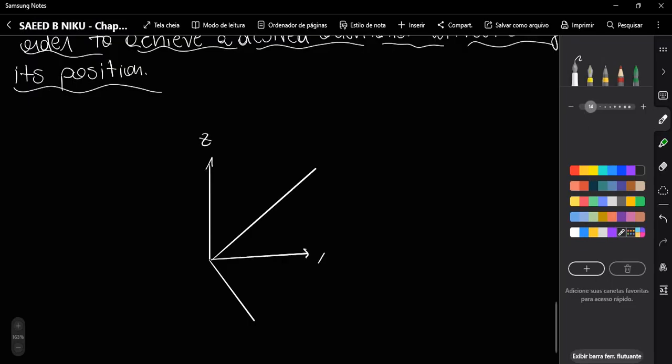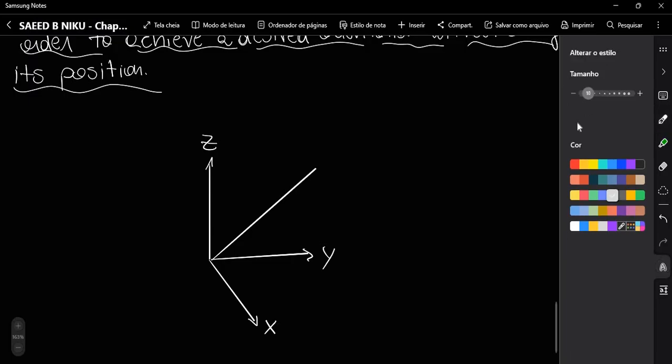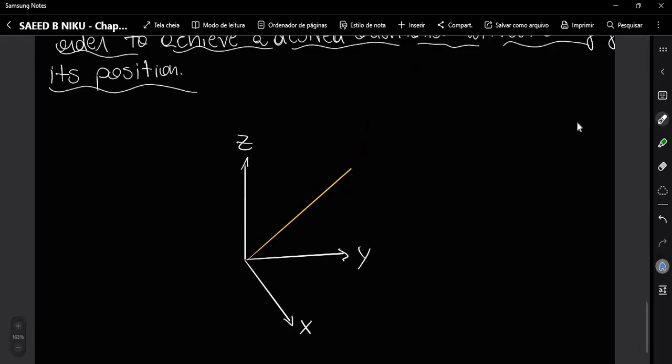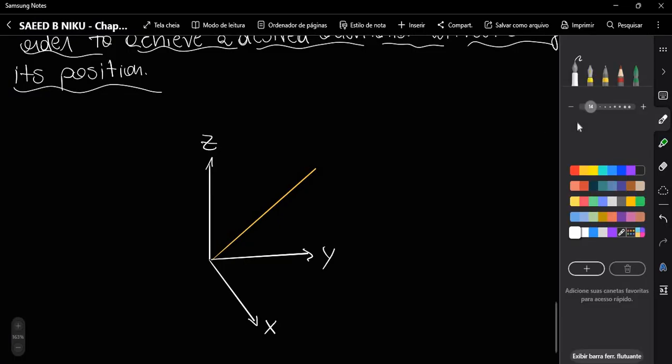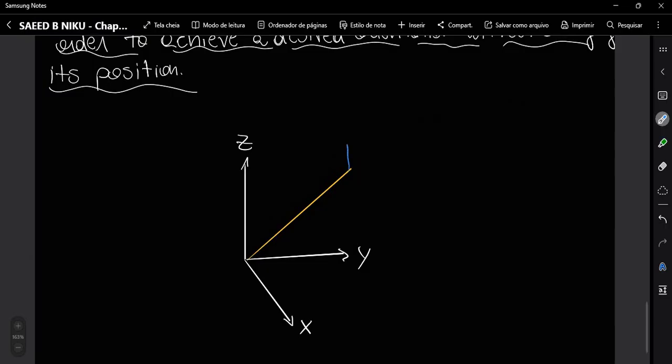X, Z, X, Y, and X. Okay, and attach it on the hand of the robot, another reference frame.